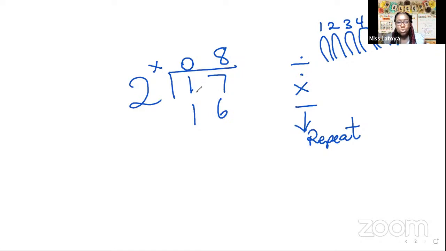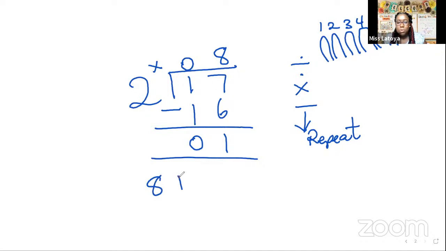The next step is to subtract. 7 take away 6 is going to give me 1. 1 take away 1 is 0. So 2 can go into 17 8 times with a remainder of 1. I hope you are understanding this. Let's do another question.